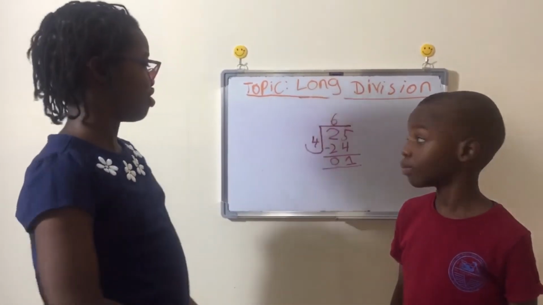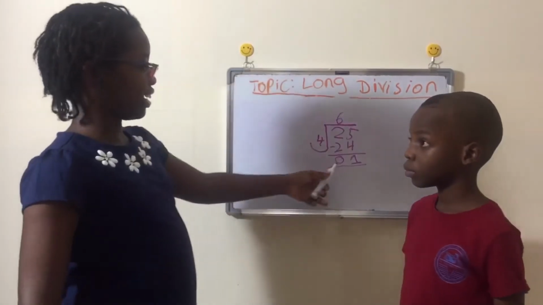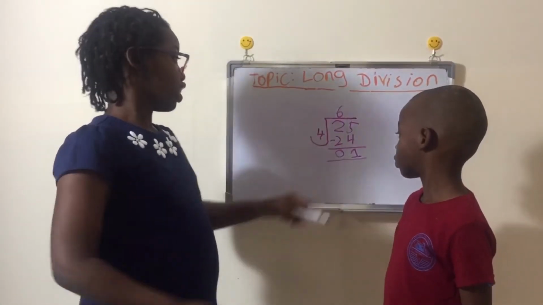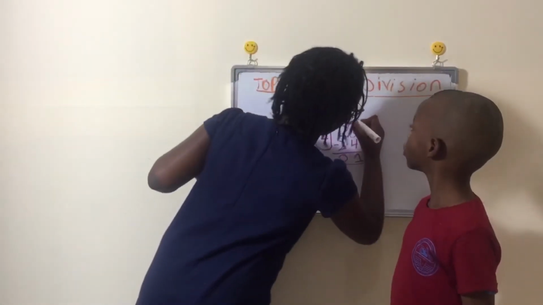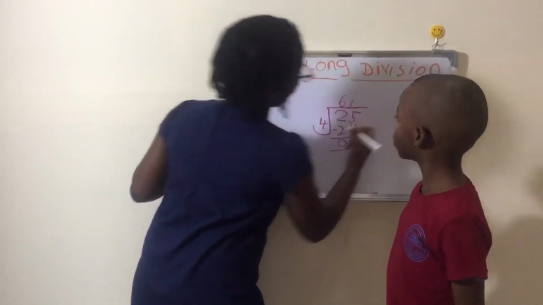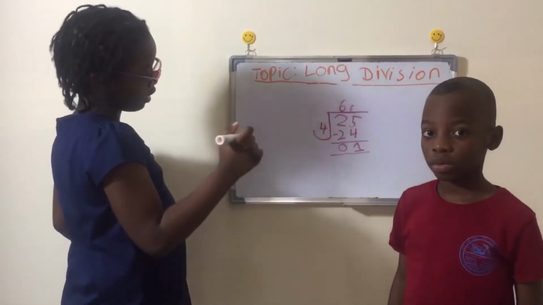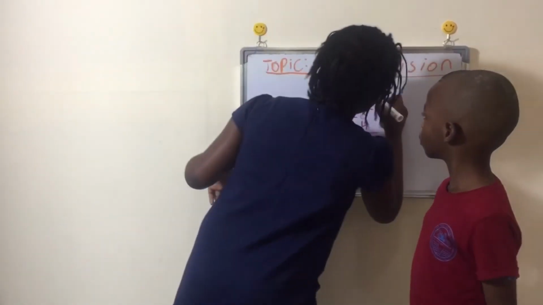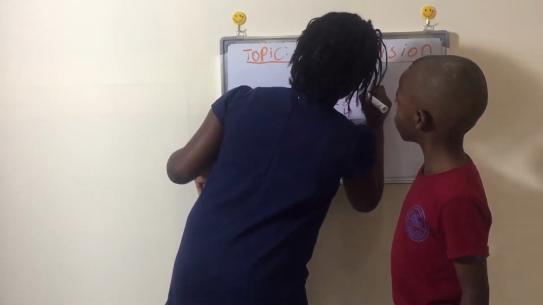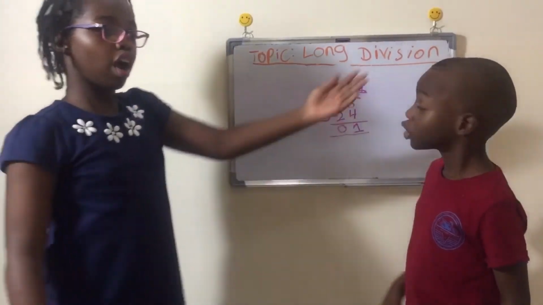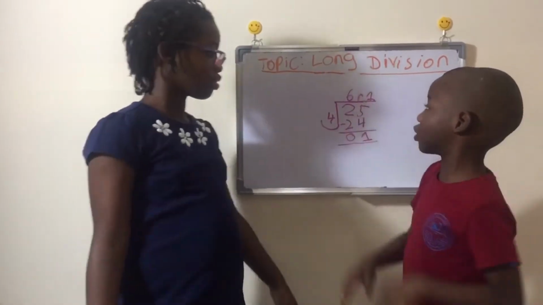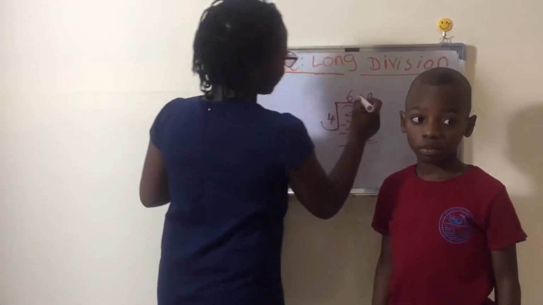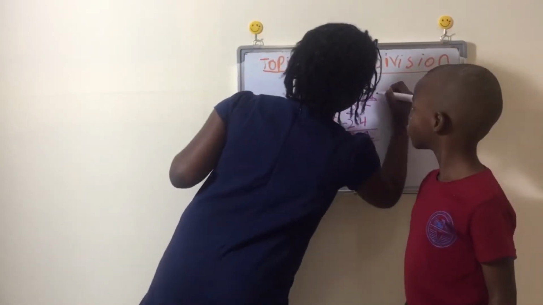What should we do? You don't do anything with the 1. You carry it up here, write R or a dot, which shows remainder. Then you write your remainder. So this is the answer: 6 remainder 1.